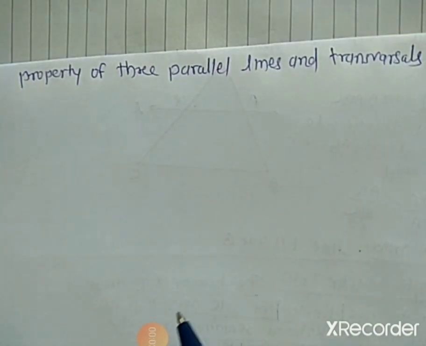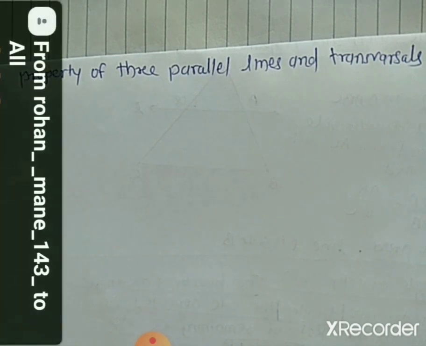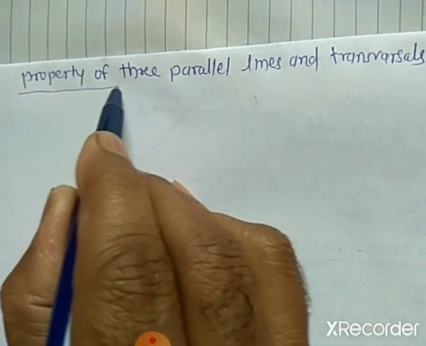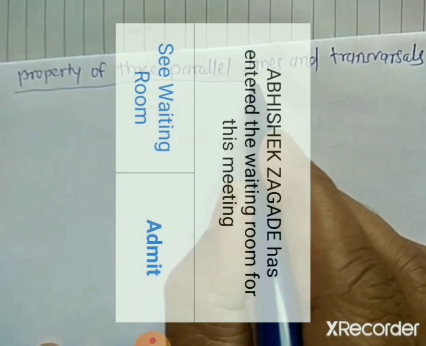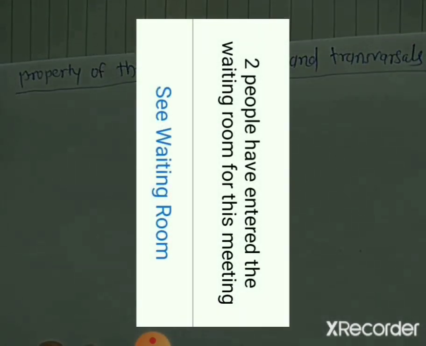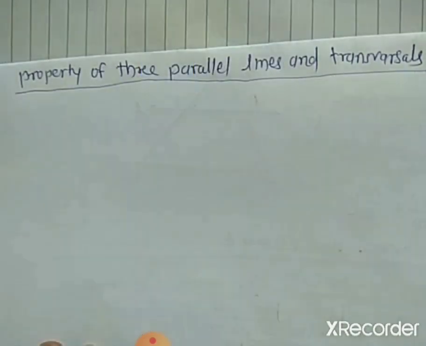In this chapter we have already studied the basic property theorem, angle bisector theorem and their converse. Now there is a little bit property of three parallel lines and transversal.